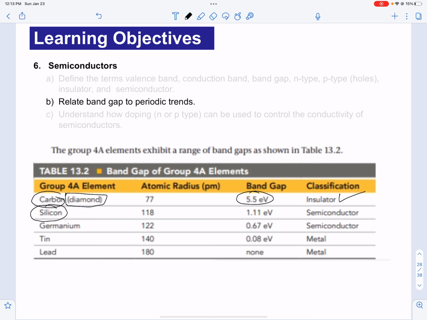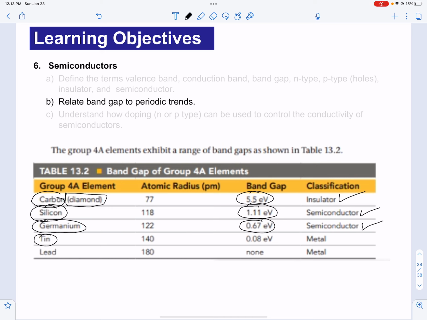A solid, and these are covalent networks. So silicon is going to be a lot lower than carbon with 1.11. So that's a semiconductor. Germanium, a network of germaniums, is going to be 0.7, a semiconductor also.